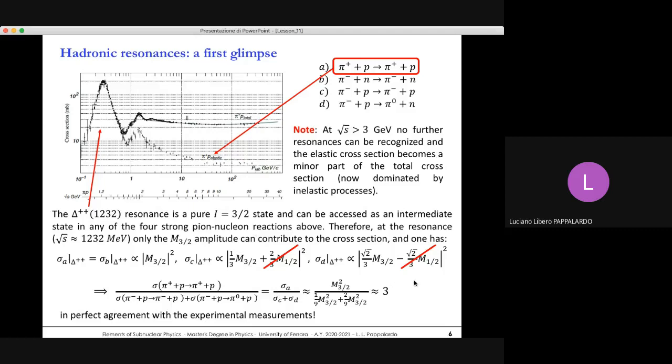And so again, one can make use of this to calculate ratios of cross-sections. For instance, we have the first, so A, divided by the sum of the third and fourth. You get rid of this M1/2 amplitude, so you only consider the 3/2, which is the only one surviving at the resonance, and then it turns out that this cross-section ratio is exactly 3, as it is indeed measured and confirmed experimentally.